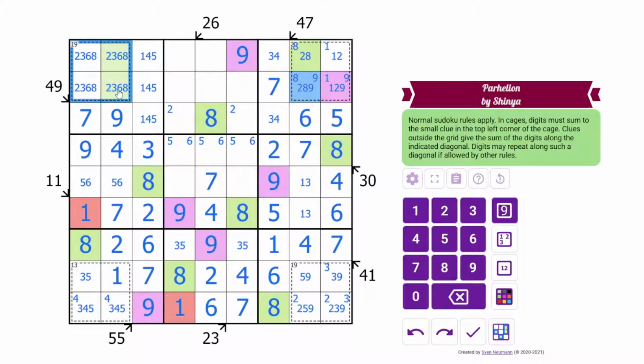This needs to be resolved. I mean, this could be resolved horizontally here, I guess. 1, 2. So this is a 1, 2, 3.